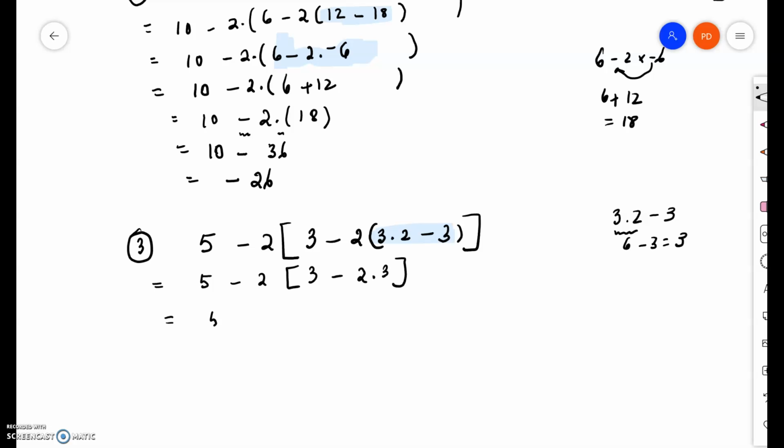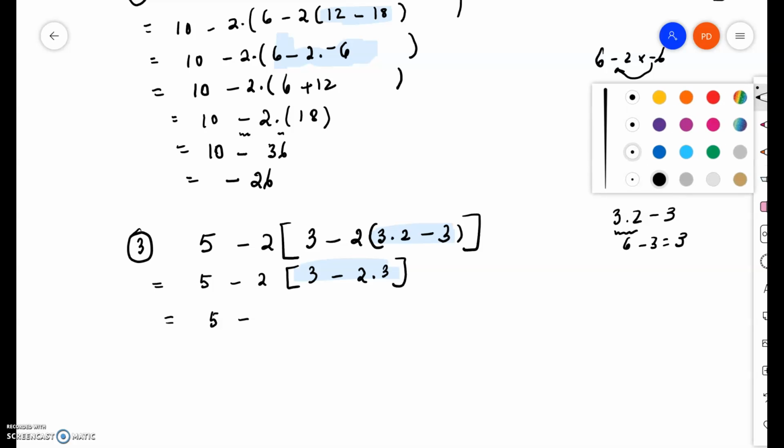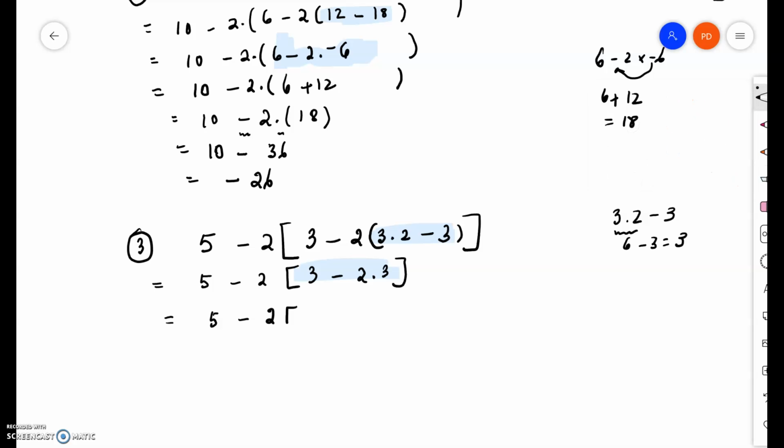Now we have 5 minus, so the innermost parentheses first. And we're going to do that first. So we have 5 minus 2 times 3 minus 3 2s are 6. Doing the multiplication before the subtraction, we have 5 minus 2 times negative 3. 3 minus 6 is negative 3.